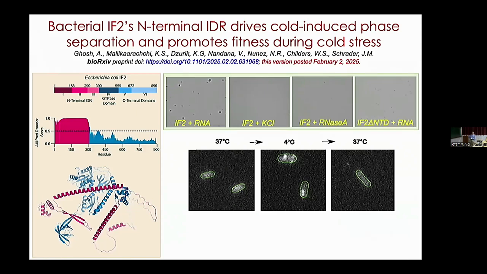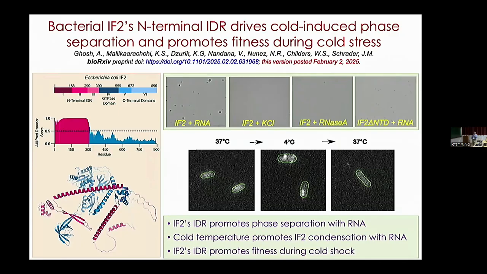They can show it at lower temperature in bacteria also. If they tag IF2 with something, they can actually start detecting these aggregations. So IF2 IDR promotes phase separation with RNA, cold temperature promotes IF2 condensation with RNA, and IF2 IDR promotes fitness during cold trough.